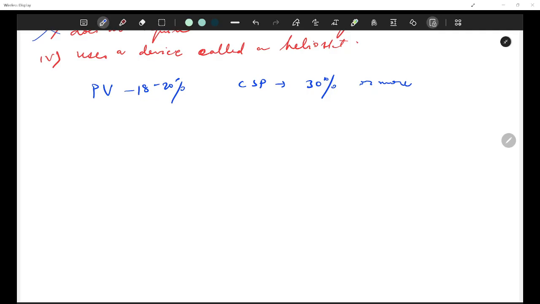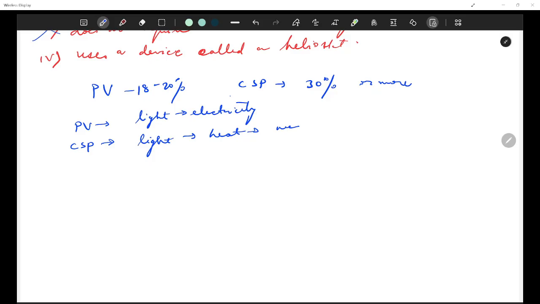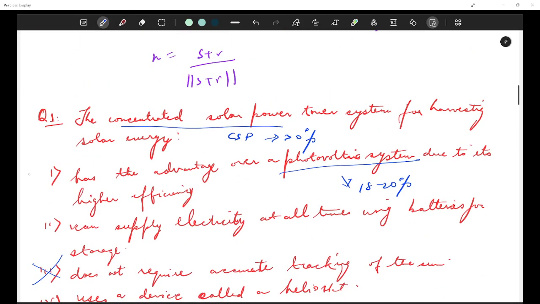Conceptually, PV converts light directly to electricity, whereas CSP converts light to heat, then to mechanical energy, and then to electricity. Because CSP operates at high temperature, it can achieve high Carnot efficiency. So this statement is conceptually correct.